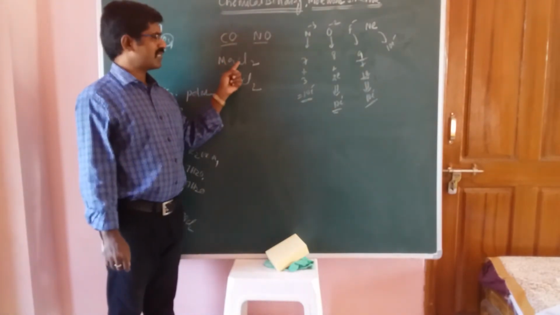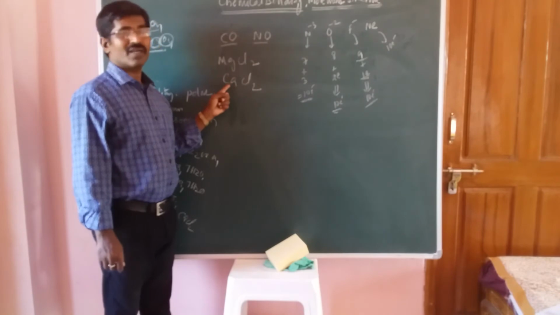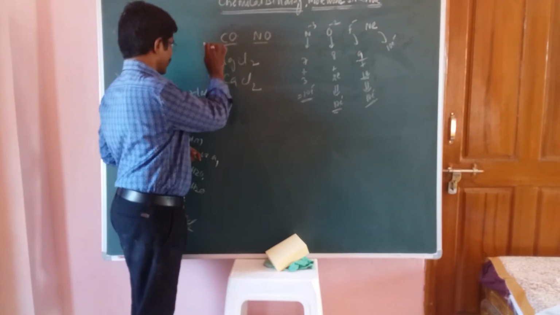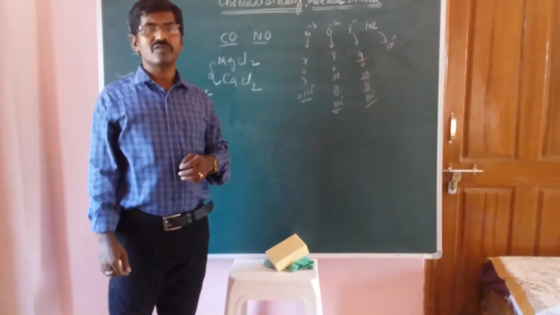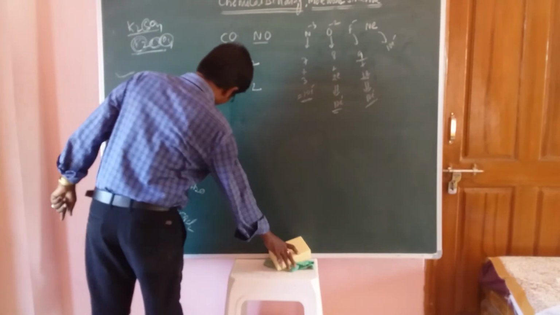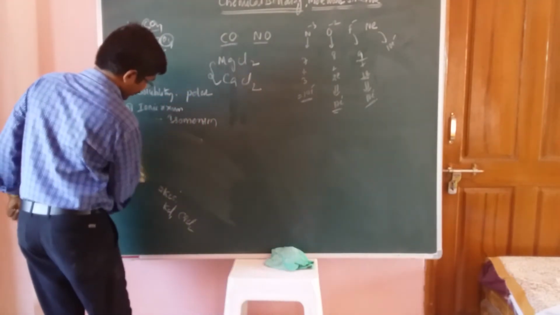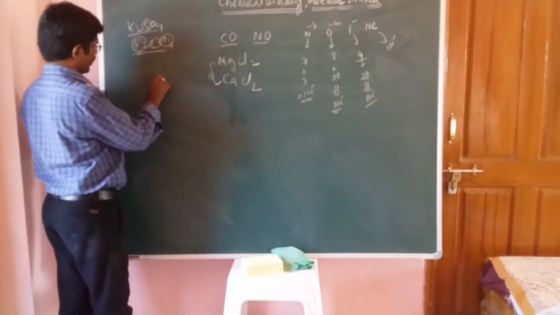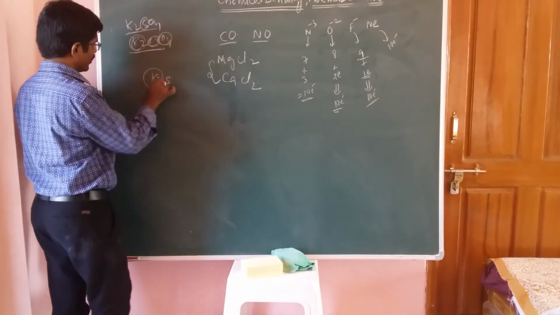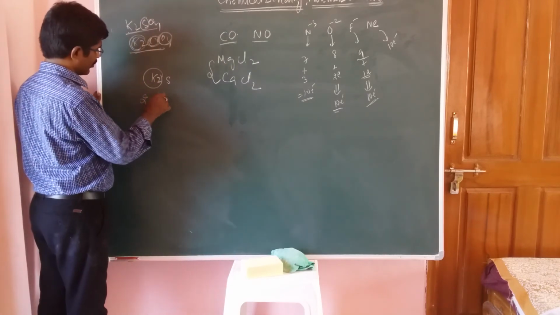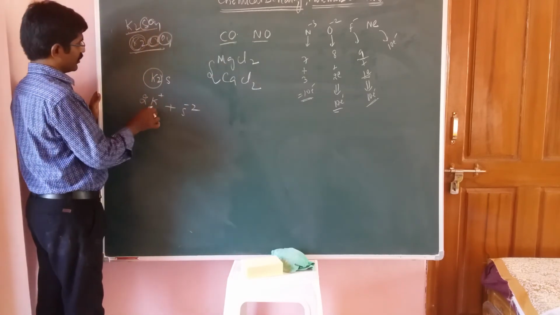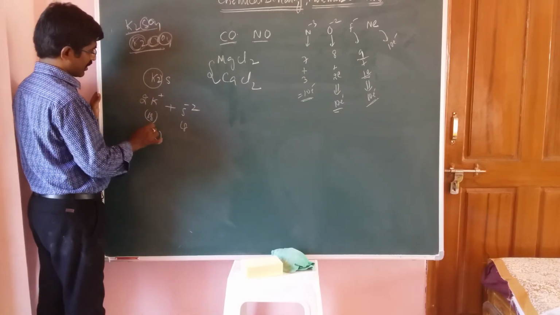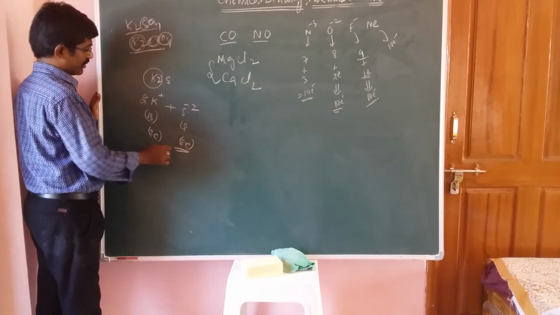One metal atom is present, with 2 bonded chlorine atoms. Such types of molecules are examples of isomorphous compounds. If you take different types of examples, K2S and KCl and CaCl2: in K2S, each potassium is K plus and S is minus 2, so each has 8 valence electrons, the same number of electrons.